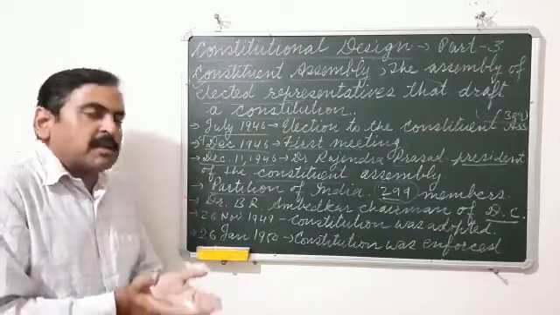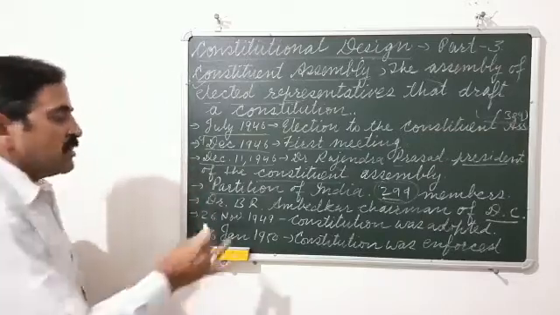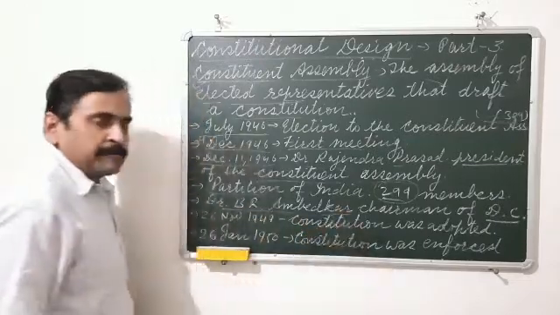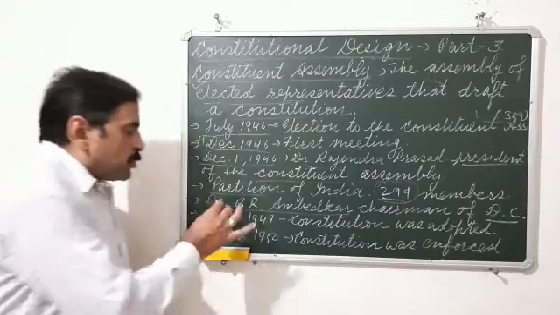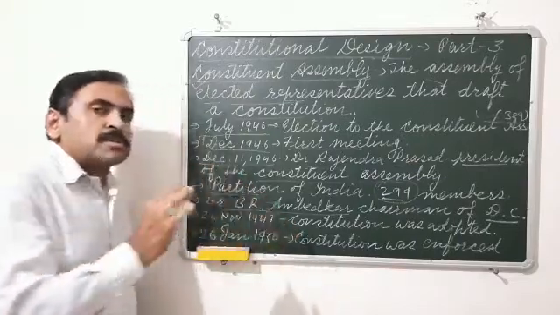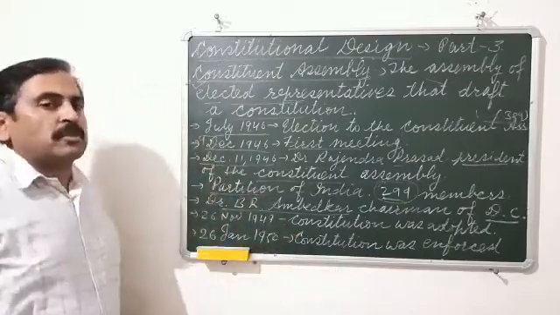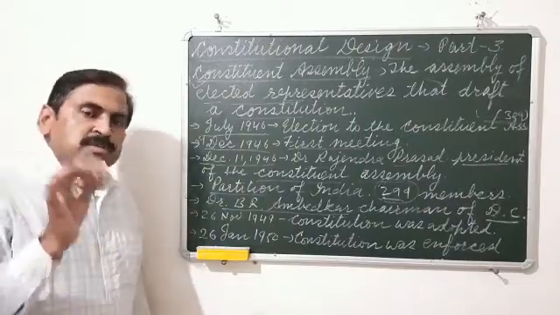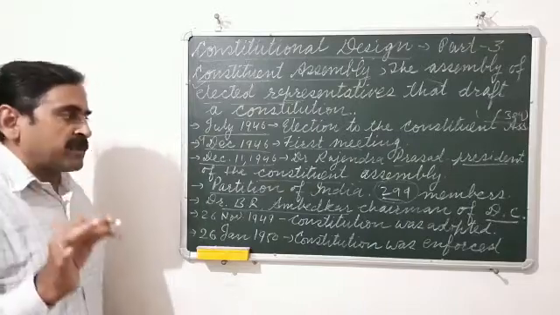And the chairman of this drafting committee was Dr. B.R. Ambedkar. Remember it. Dr. B.R. Ambedkar was the first law minister of India, and that's why he was given the charge of the drafting committee.